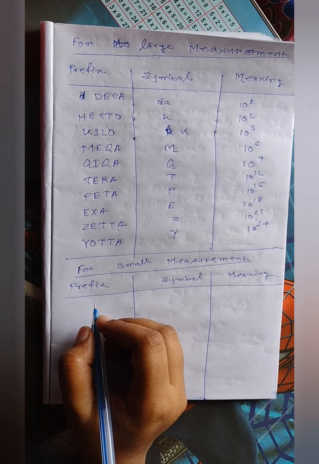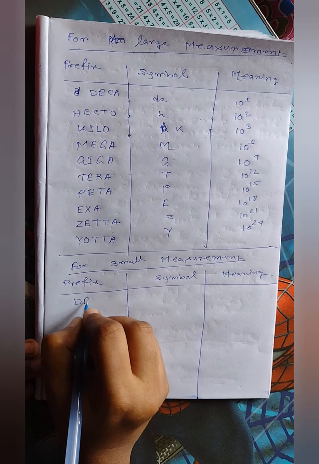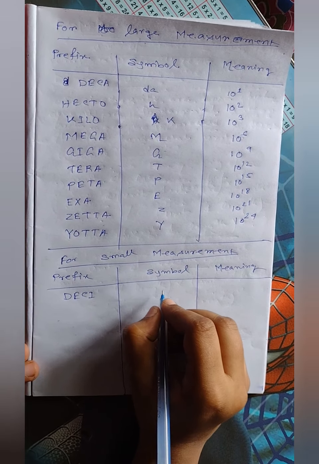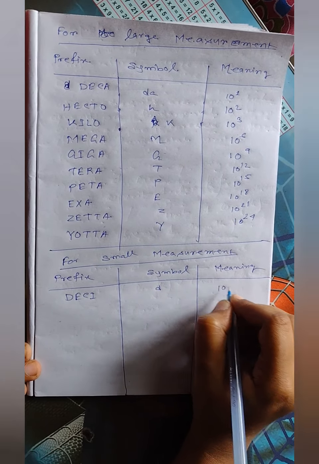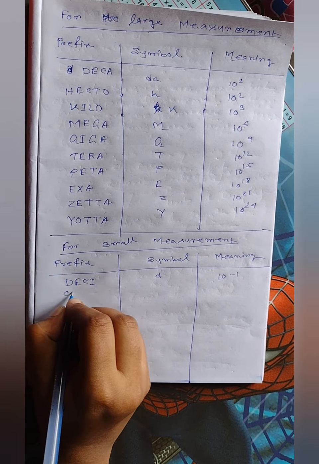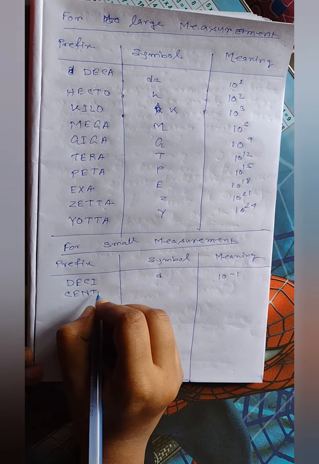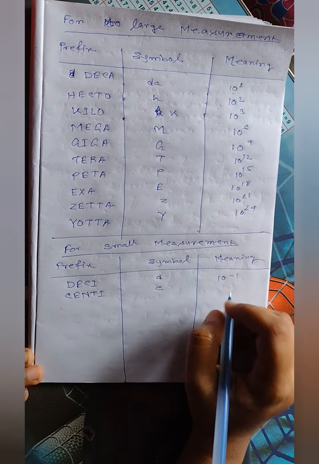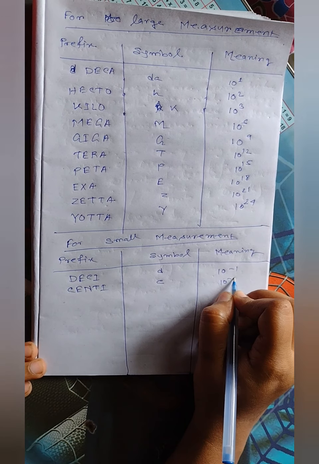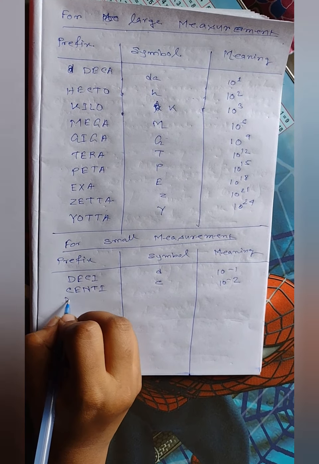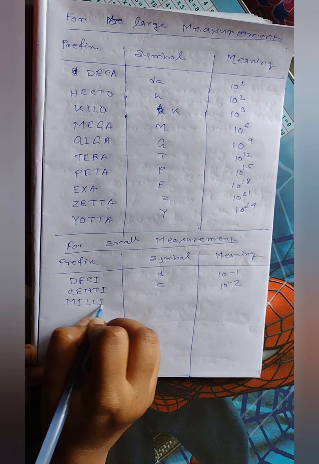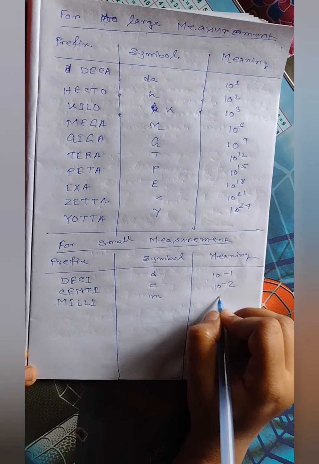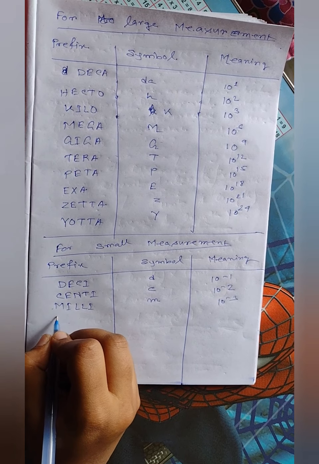Prefix deci, d, 10 to the power minus 1. Centi, c, 10 to the power minus 2. Milli, m, 10 to the power minus 3.